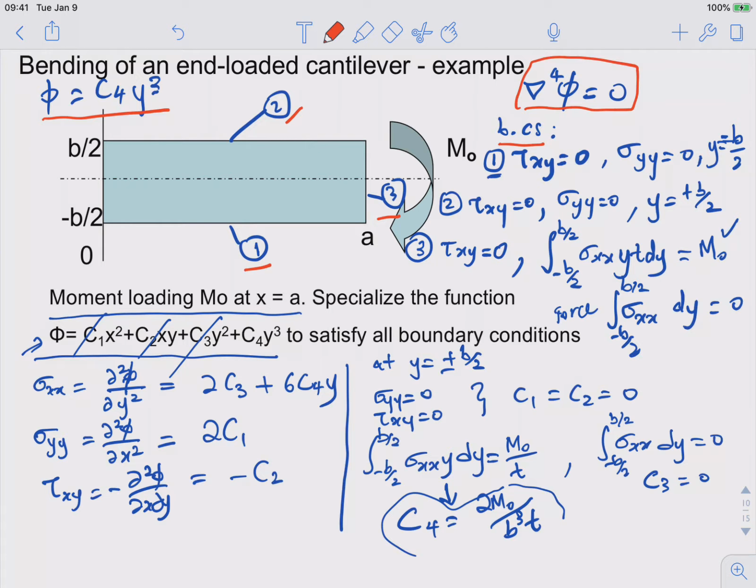And then after that, I worked out what the stresses were for this stress function by taking the derivatives based on the equations we had. Following this, I took the boundary conditions and put them into the equations and solved for the constants. And that's how I found that all the constants were 0 except for C4.